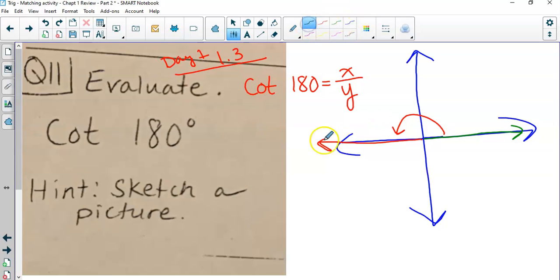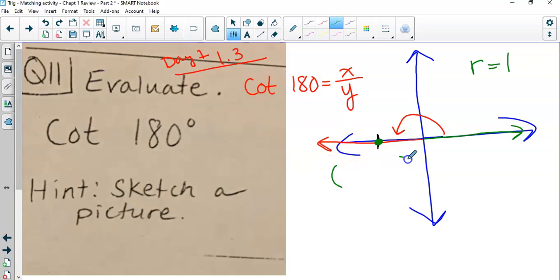So when you have a special quadrant angle at 0, 90, 180, 270, or 360, and there's no other information, you can always assume that you have a point 1 unit out. And we did this the same way on that other example. So this would be 1 unit out. The r equals 1. The length of this segment here is 1.